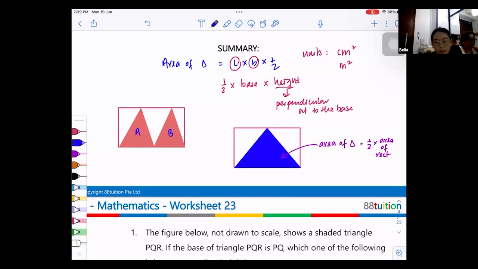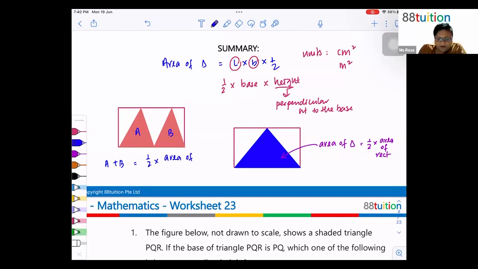The two shaded triangles, the total area is half of the total area of the rectangle. Very good. Half the area of the rectangle. Now, this is your concept because the two triangles share a common height.